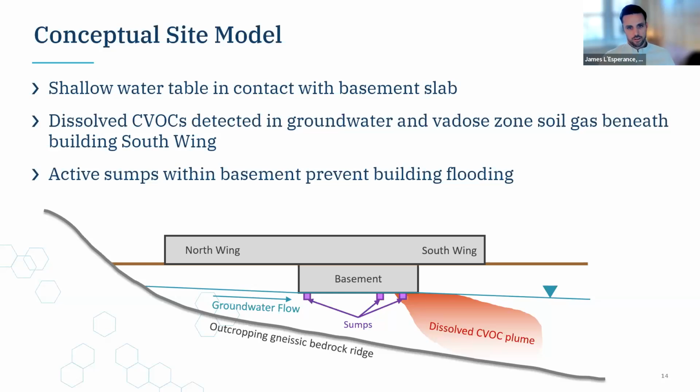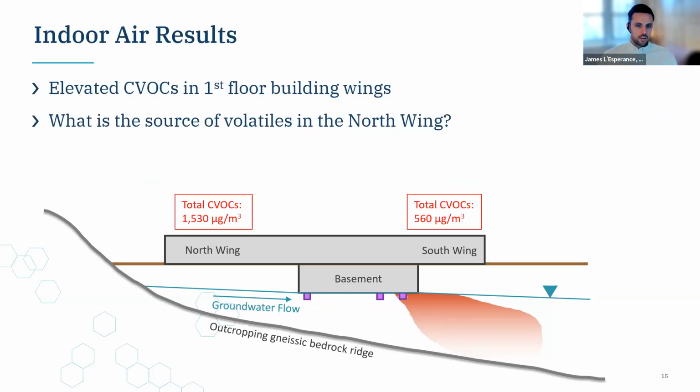So the soil gas underneath the south wing did trigger indoor air sampling, which was collected throughout the first floor of the building. Within that south wing, elevated CVOCs were detected, which gave evidence of a complete pathway from the residual dissolved CVOC groundwater impacts through soil gas and then through the slab into the south wing, which makes sense.